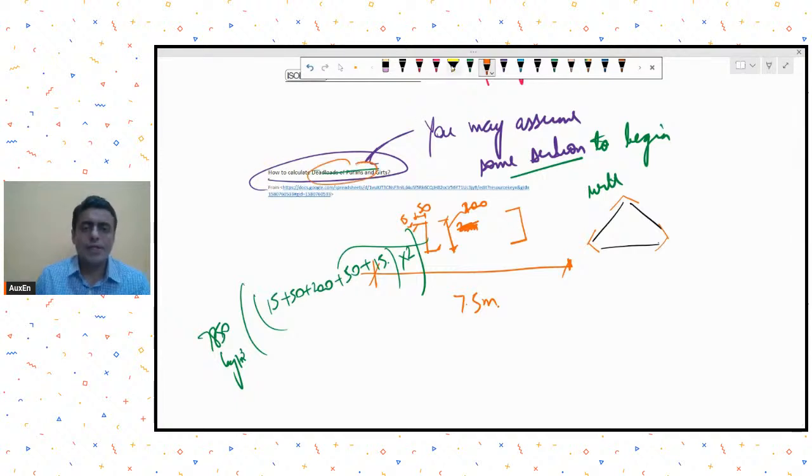And to this, you can add the sheeting weight. Sheeting weight will depend on what type of sheeting you are using. Usually it will be around 3.5 to 4 kg per square meter. If you have some insulation, then you need to add the weight of insulation also.